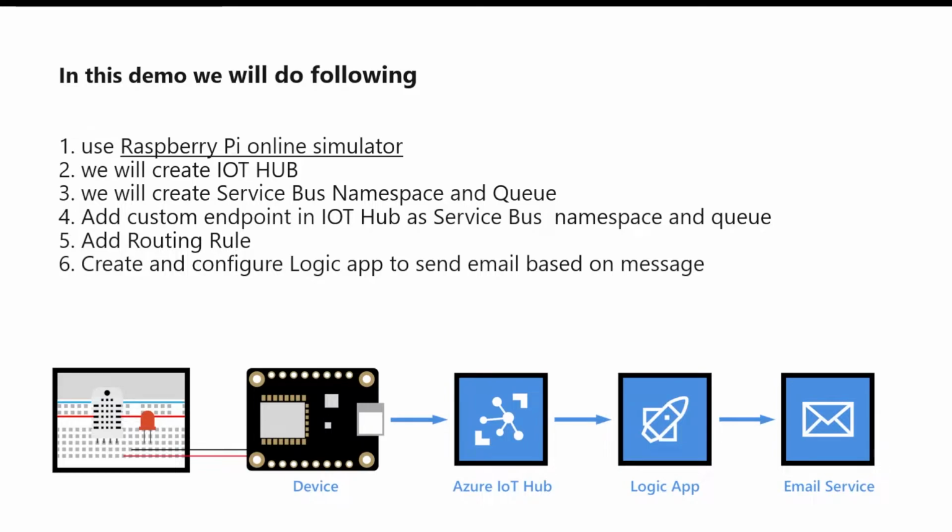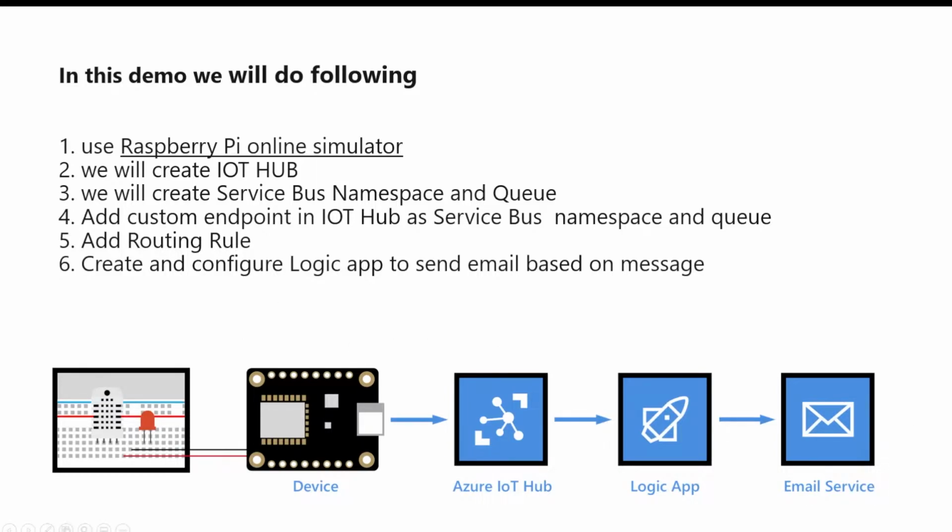Then we will create a routing rule where, based on some of the details, it will send some of the messages to the Service Bus namespace and queue, and using that we will try to see if Logic App is being triggered or not, and whether it is able to send some email if we configure that email, or whether it is going to persist into a storage for further use. So that is what we are going to do.